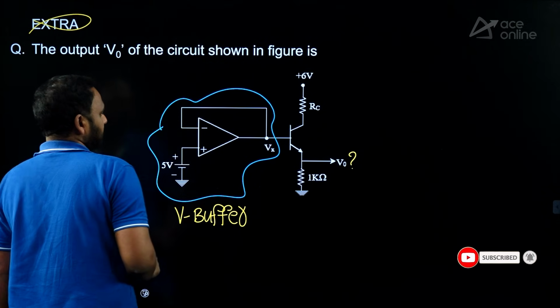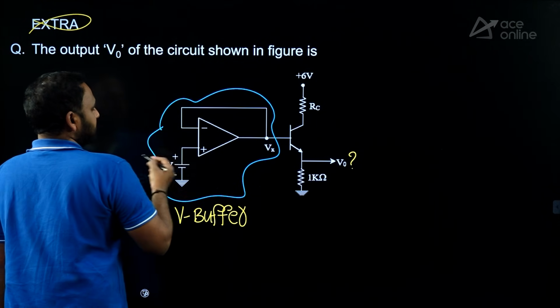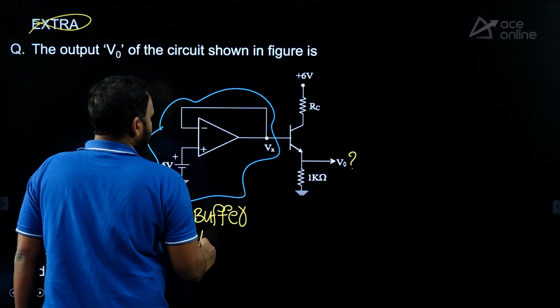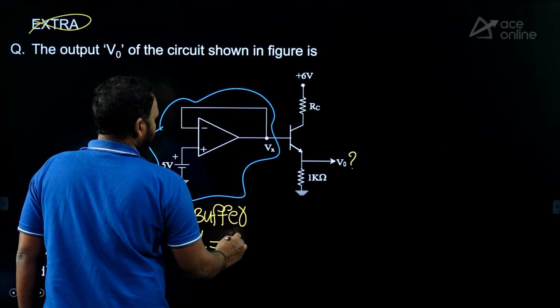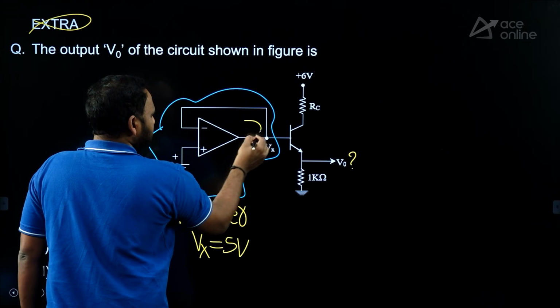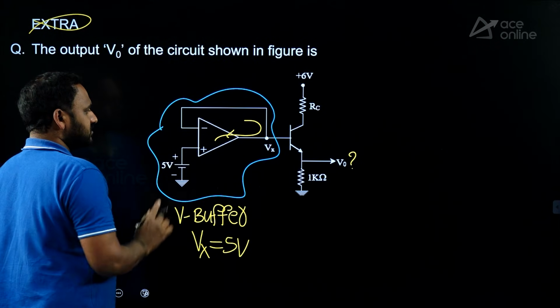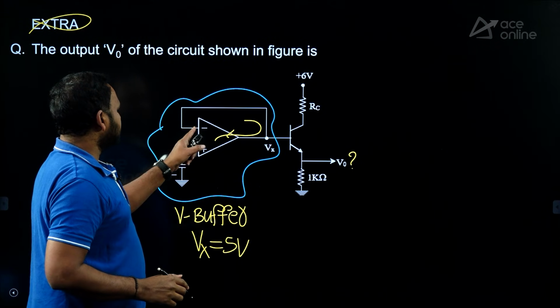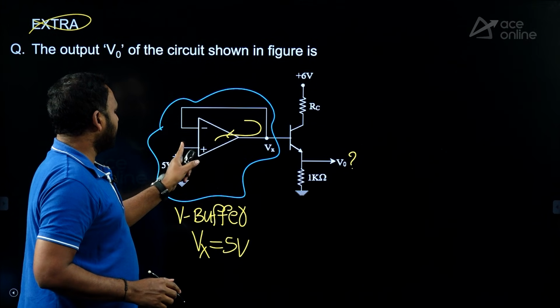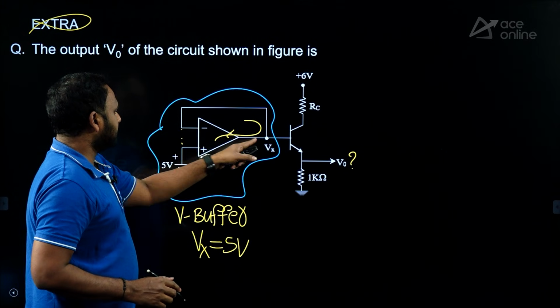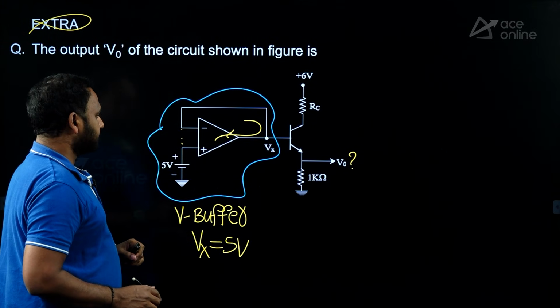Given is a voltage buffer. Output voltage is the same as input. So, from here what is Vx? That is equal to 5 volts only. So, you don't need to worry about the amount of current or the output resistance of this op amp, no need to worry. It is in closed loop, negative feedback, virtual short is applicable. In that case also it is 5 volts, that is all.